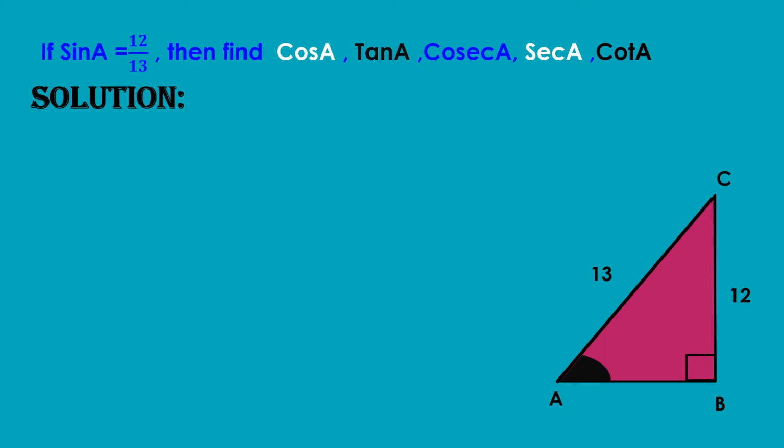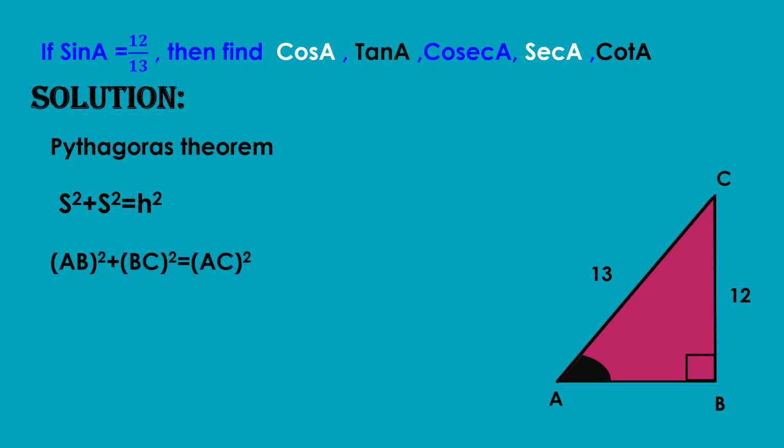To find AB, we have to use the Pythagoras theorem. What is the Pythagoras theorem? Side square plus side square is equal to hypotenuse square. Here AB is one side, BC is one side, AC is the hypotenuse. That's why AB square plus BC square is equal to AC square. AB we don't know.